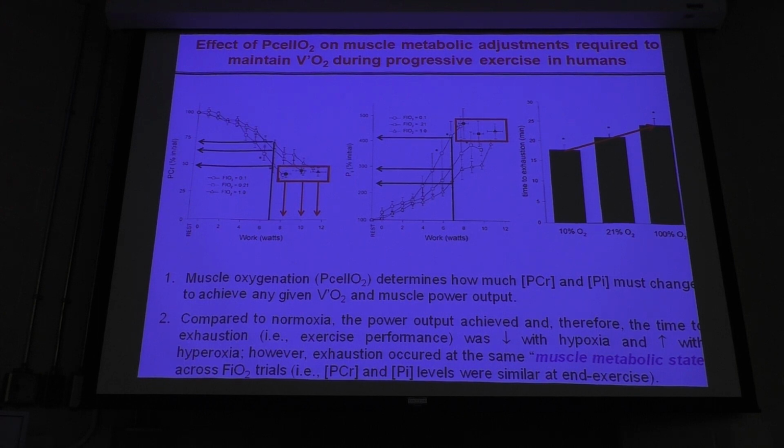But importantly, exhaustion occurred at different times, at different power outputs, but at the same muscle metabolic state across the different FiO2 trials. So the extent of the metabolic disturbance of the muscle was very similar. The amount of oxygen delivered to the cell just determined how long it took to hit that threshold.